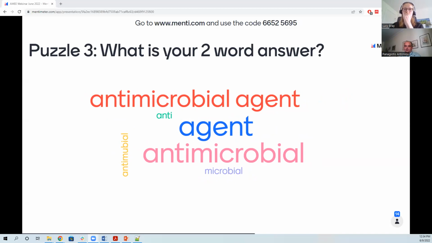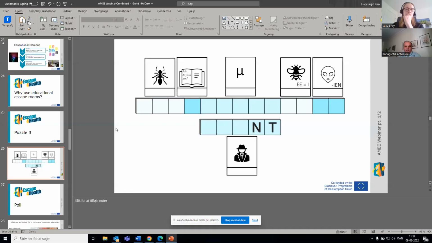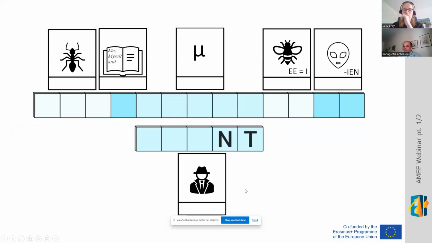Responses are coming in. I think that we can explain the puzzle a little while, if you want, Lucy, and I'll take it from there. Yeah. So the answer here is, the first 3 letters are ant, from the ant that you're seeing. Me, myself, and I is the next letter. Me, Greek mu, is micro in notation math.